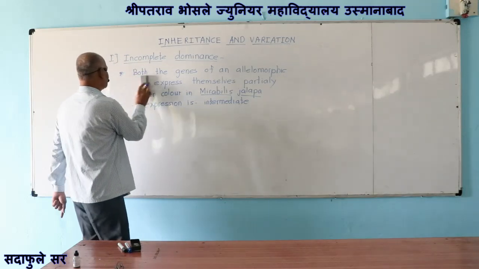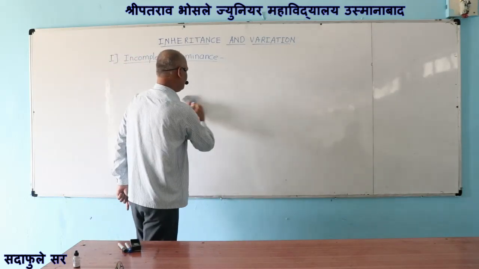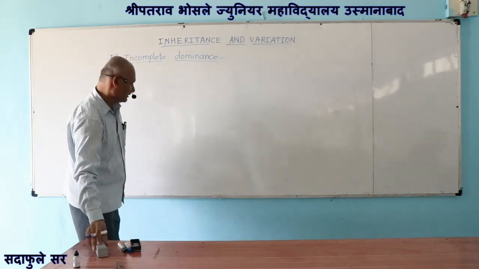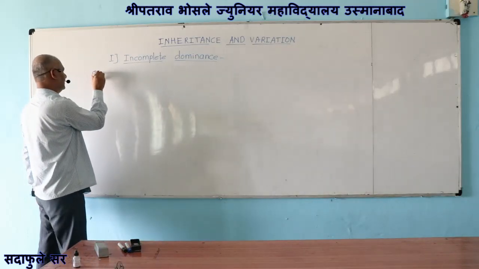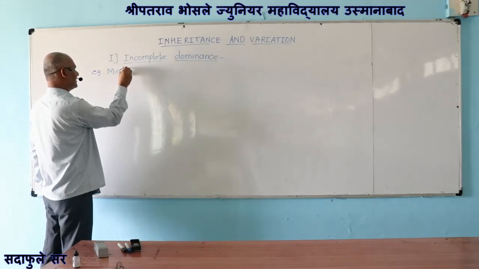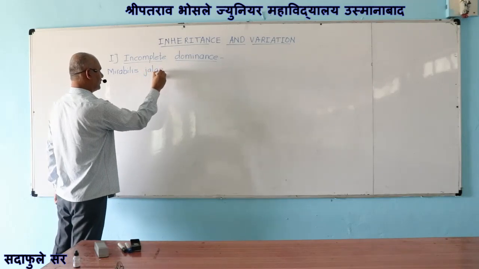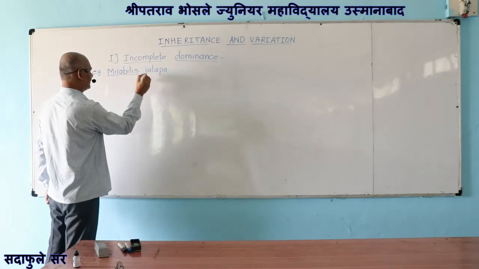Now we have to study this example with the help of a cross. Example: Mirabilis jalapa, 4 o'clock plant.